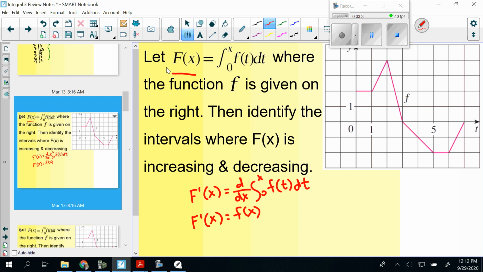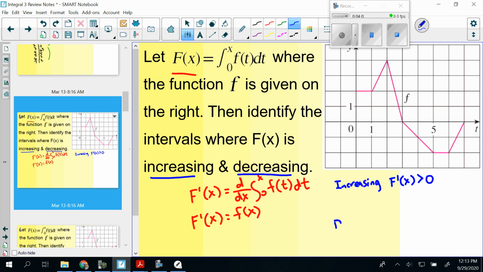We can use that to help us figure out increasing and decreasing here. Remember, if you have a derivative, that tells you slope. So this graph is going to be increasing where the derivative is positive, bigger than 0.